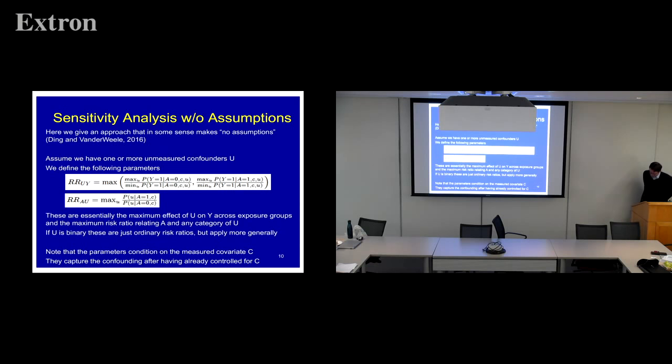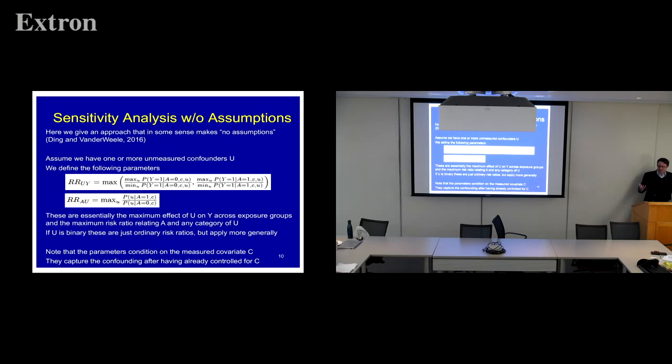That's different than the max operator. There might be this interaction between the treatment and the unobserved confounder, but I'm not willing to say I'm going to take the max of that. I'd just take a weighted average of those two effects, and that defines the RRUI.